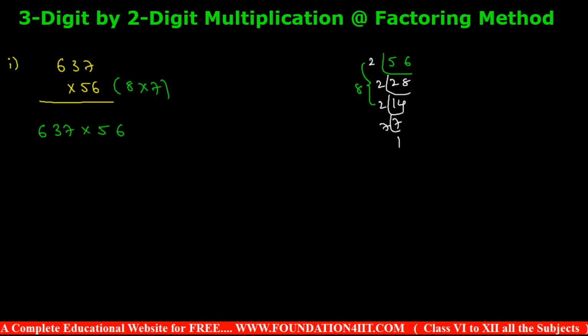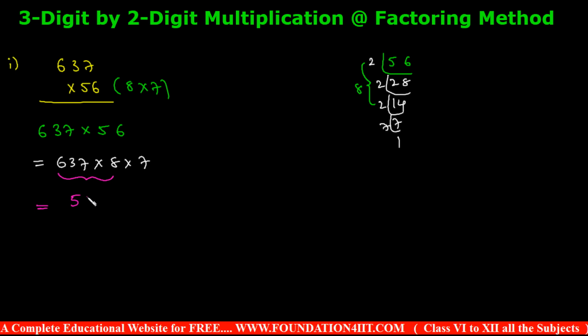So this is nothing but 637 into 8 into 7. First we can multiply with 8. First this part we will simplify. You are already perfect with 3-digit number multiplication with a single digit by splitting in different ways. So you can multiply with 8, that is 8 into 7, keep the carrying in mind and do it orally.